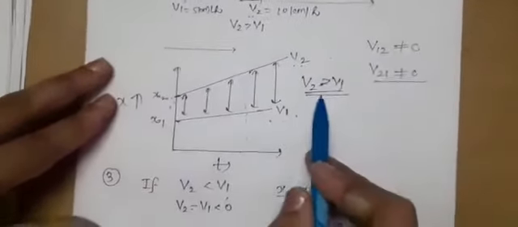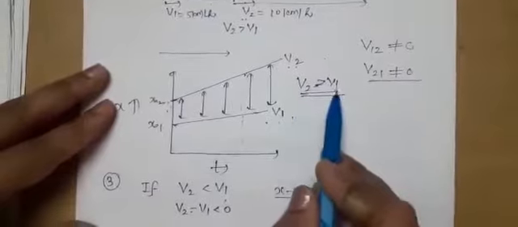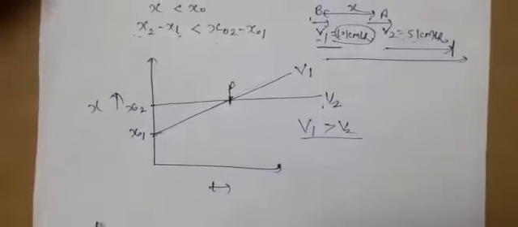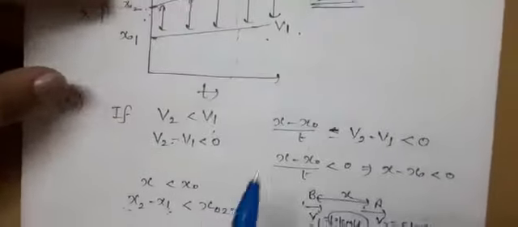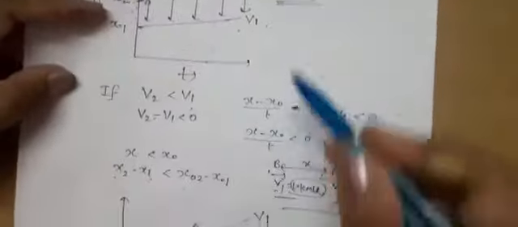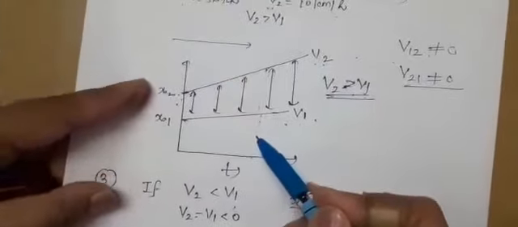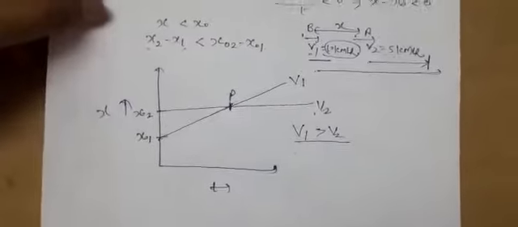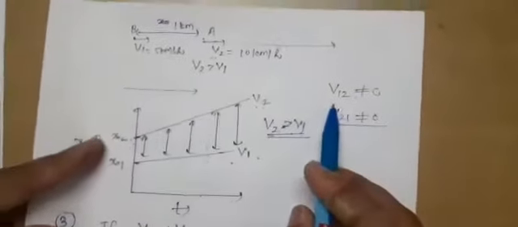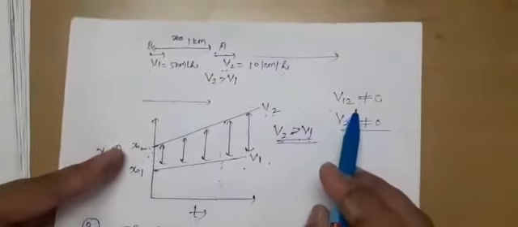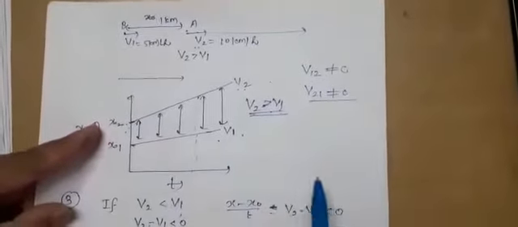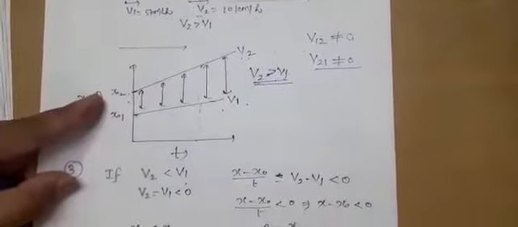It means there can be either V2 greater than V1, or V1 greater than V2. If it is not specified which particular case you have to draw, then you can draw either this case or this case. I am repeating, when it has been given that the relative velocity of the first body with respect to the second is not 0, you can draw any of the two cases.